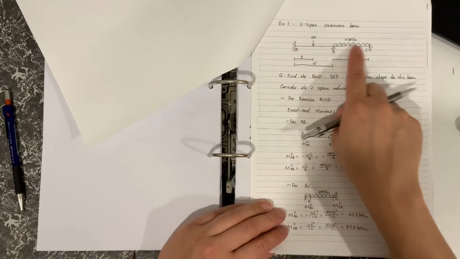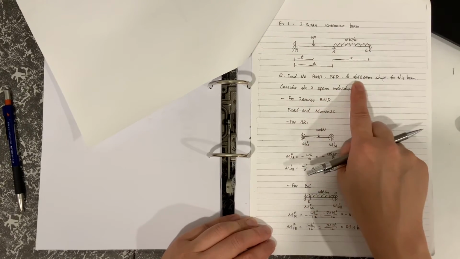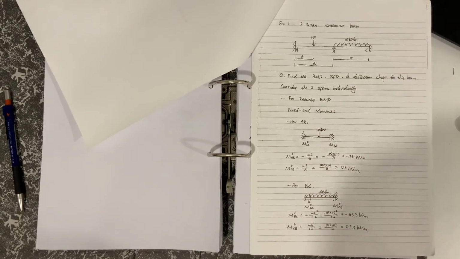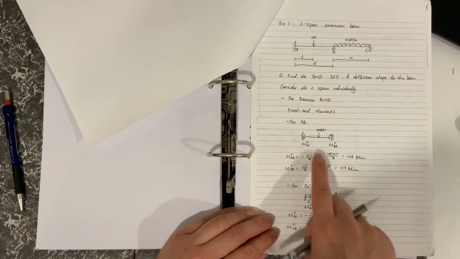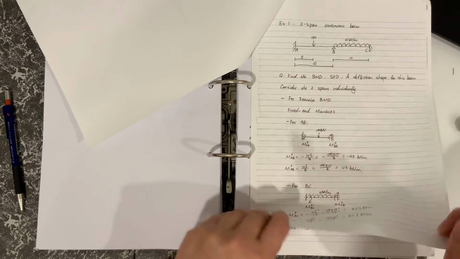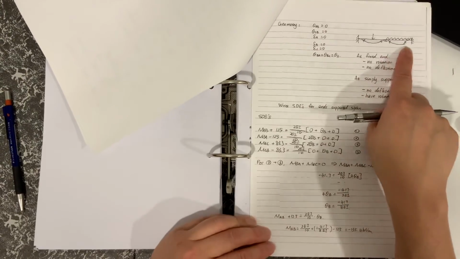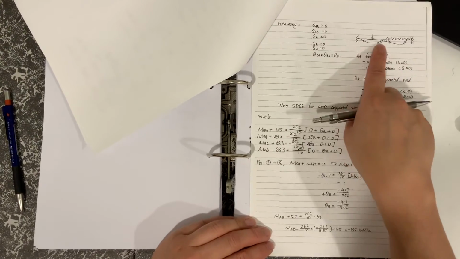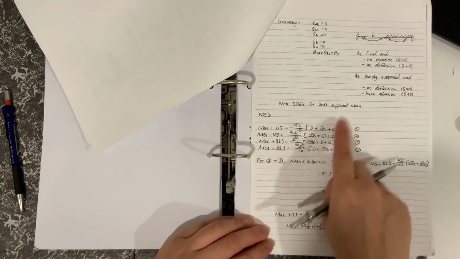So here's the solution: 2-span continuous beam. Find the bending moment, shear force diagram, and deflected shape. As we've been through it, here are the calculations to work out the fixed end moments for AB and BC. The geometry, then, as we've defined, these are the points of contraflexion, by the way. Write out the equations.